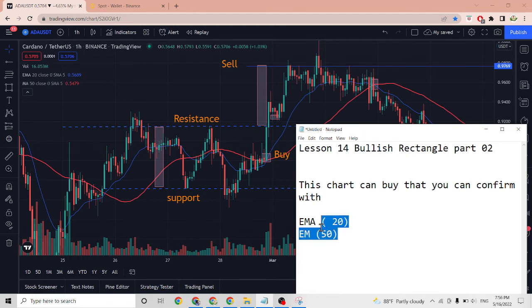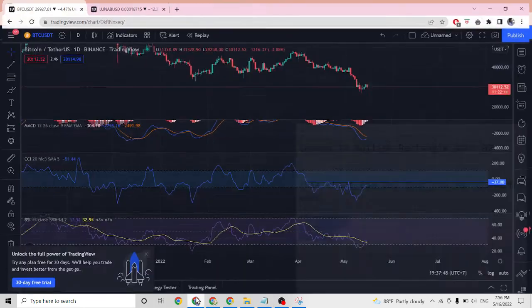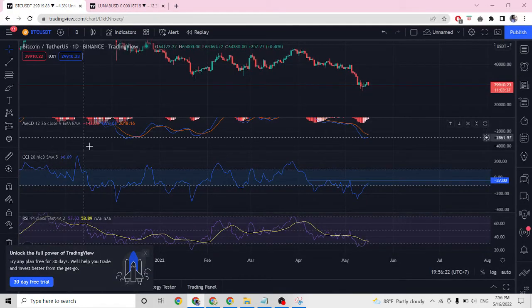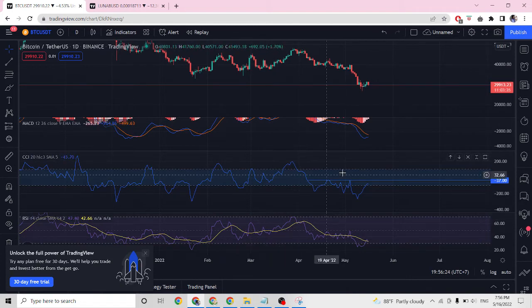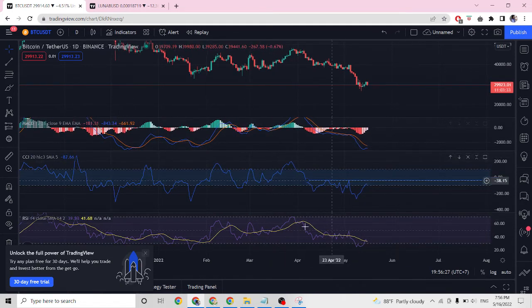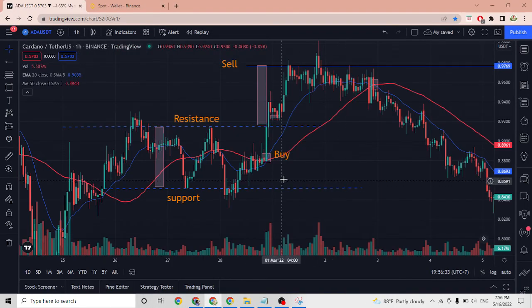You can wait to confirm this one, and later you will study other indicators like RSI, MACD, and also wait for them to confirm. But at this time I just show you the chart and the EMA and MA. You have also already studied EMA and MA.